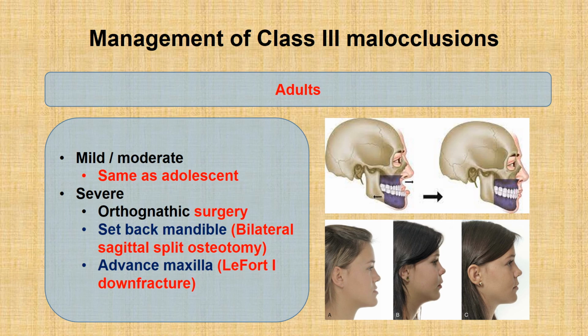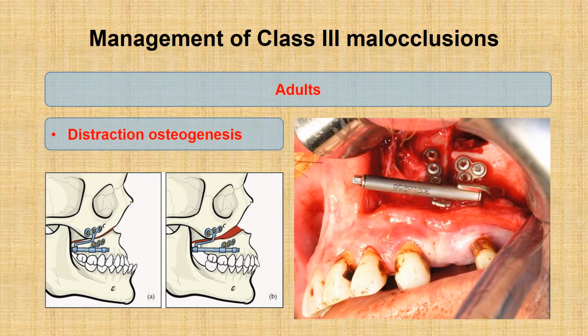Now, if it is severe, and since these patients are non-growing, the only feasible modality of treatment to correct this skeletal relationship is to do orthognathic surgery, and basically orthognathic surgery aims to set back the mandible and advance the maxilla. This can also be undertaken with distraction osteogenesis.